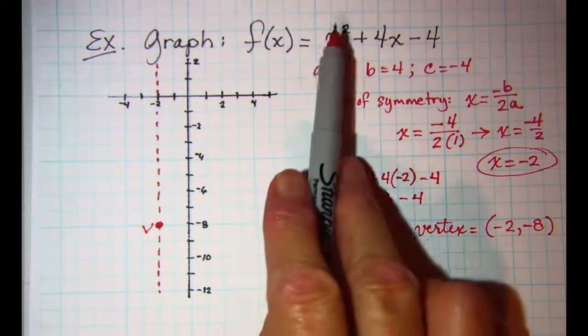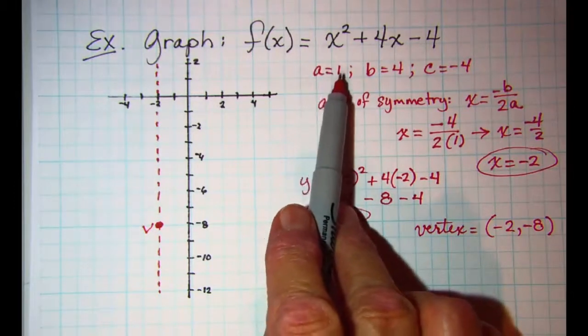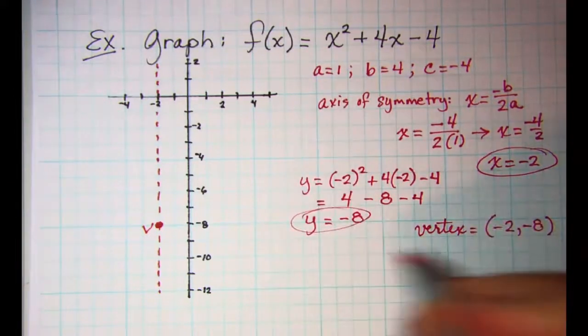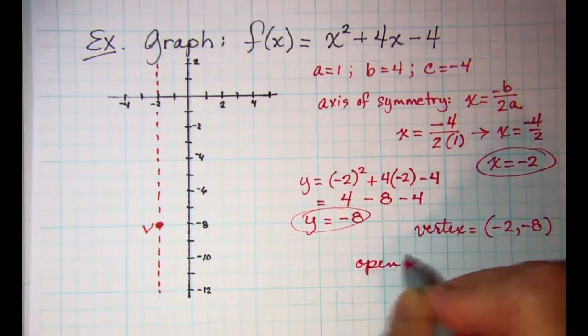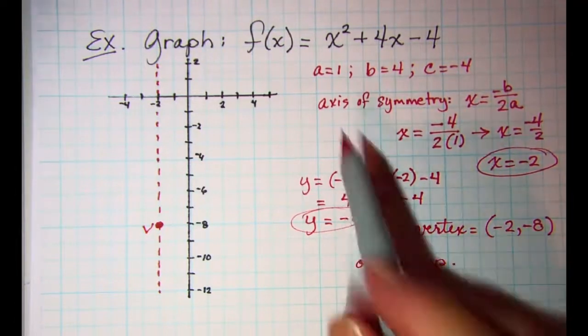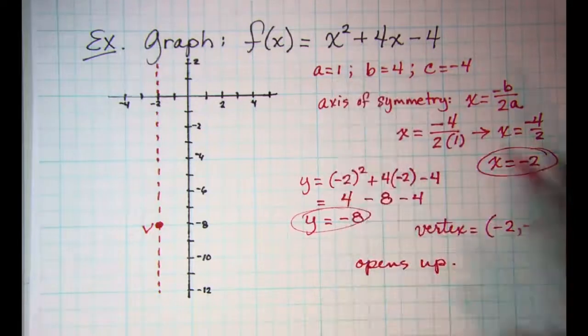Now I can see that my lead coefficient is 1, because a is 1. This means a couple of things. First of all, it's going to open up, and the width of the parabola will be the same as our basic graph.